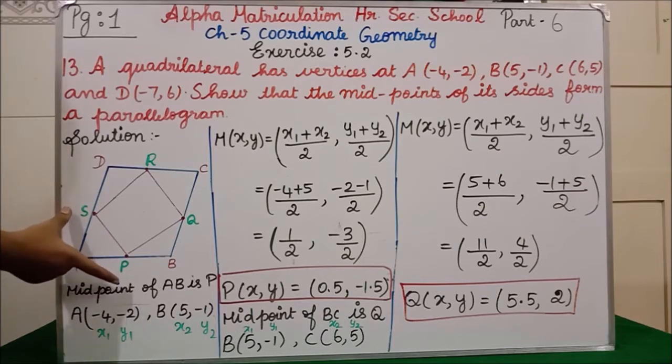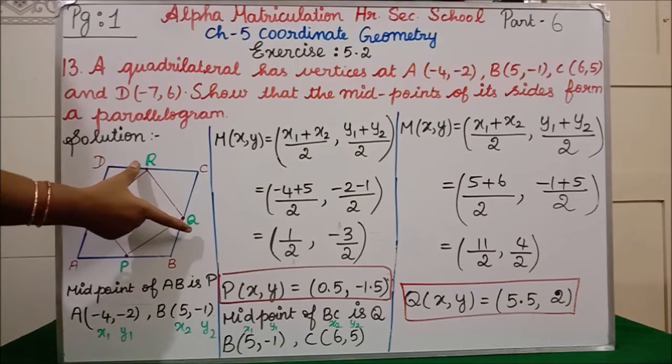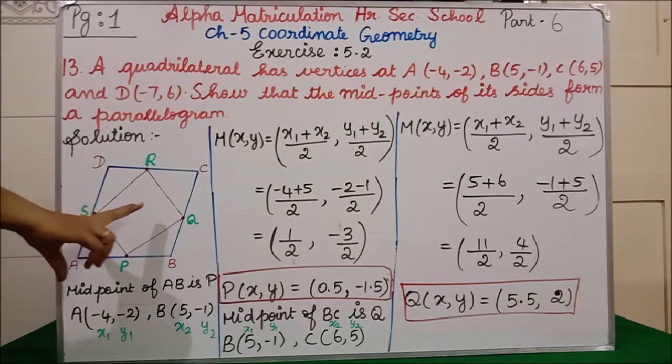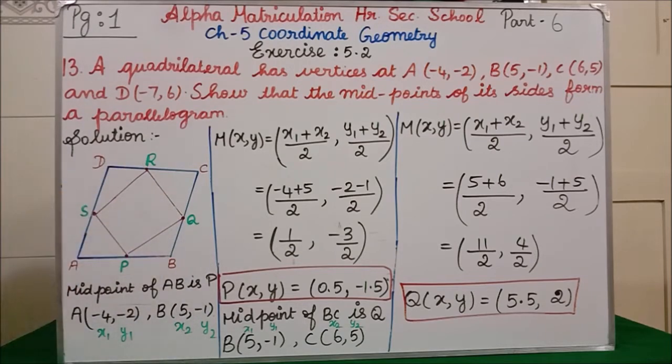Similarly, slope of PS is equal to slope of QR. According to the parallelogram property, opposite sides are parallel, so if we get that, we can say PQRS is a parallelogram.